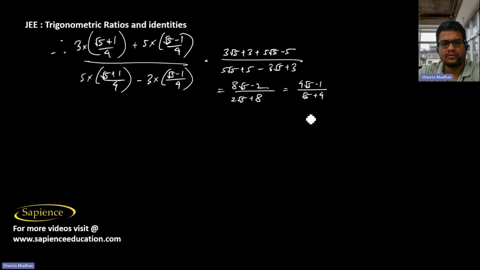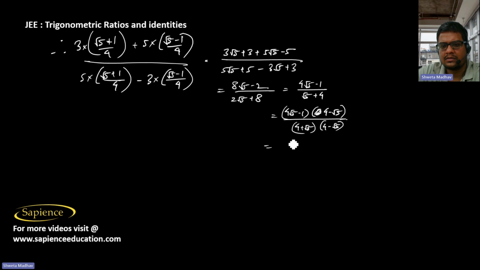Since we can take 2 as common, we can cancel. Then if we rationalize the denominator, we will get (4 root 5 minus 1) into root 5, sorry, into (4 minus root 5), and this is equal to (4 plus root 5) into (4 minus root 5).